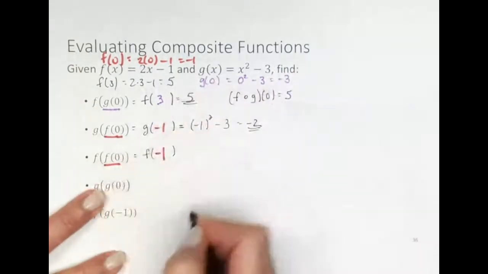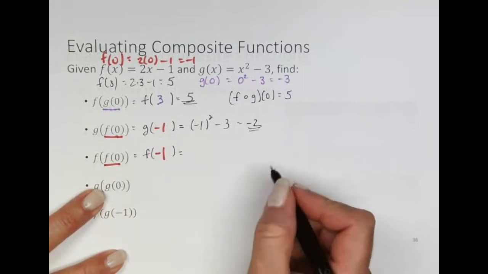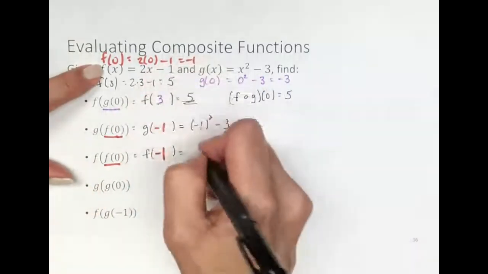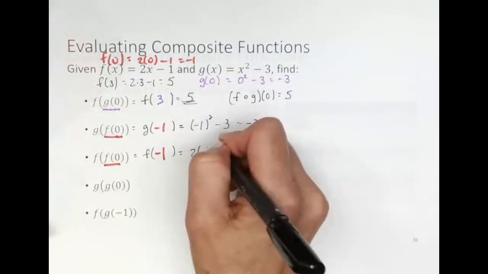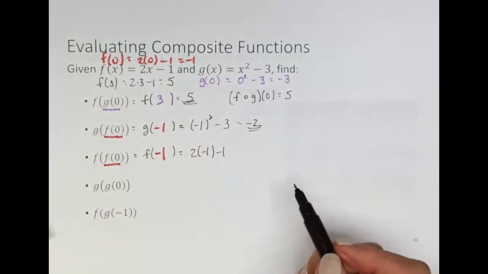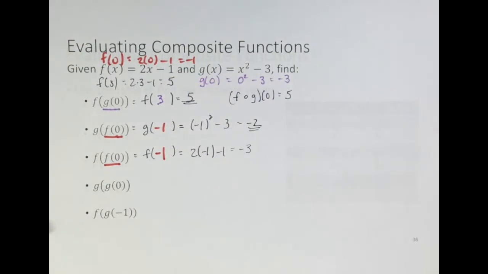We found it up there. All right, so what is f of negative 1? Let's see, we'll put negative 1 into f. So that's going to be 2 times negative 1 minus 1. 2 times negative 1 is negative 2. Negative 2 minus 1 is negative 3.